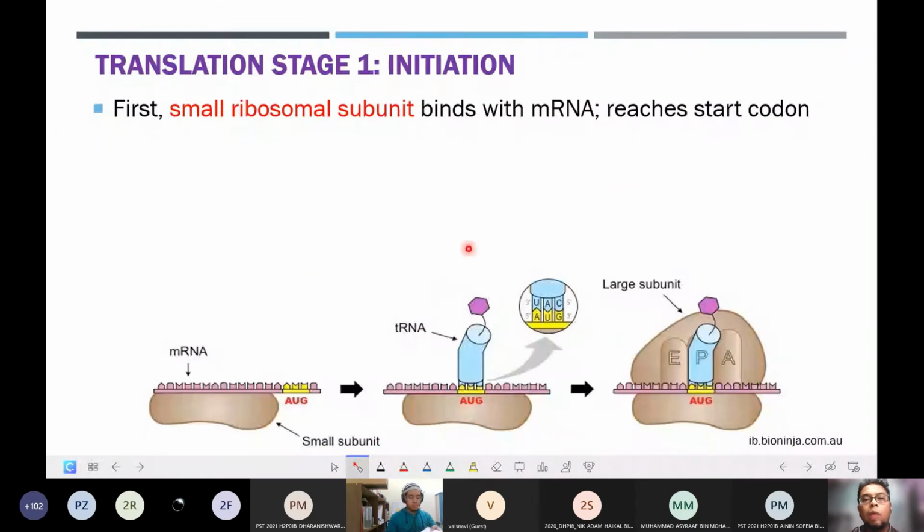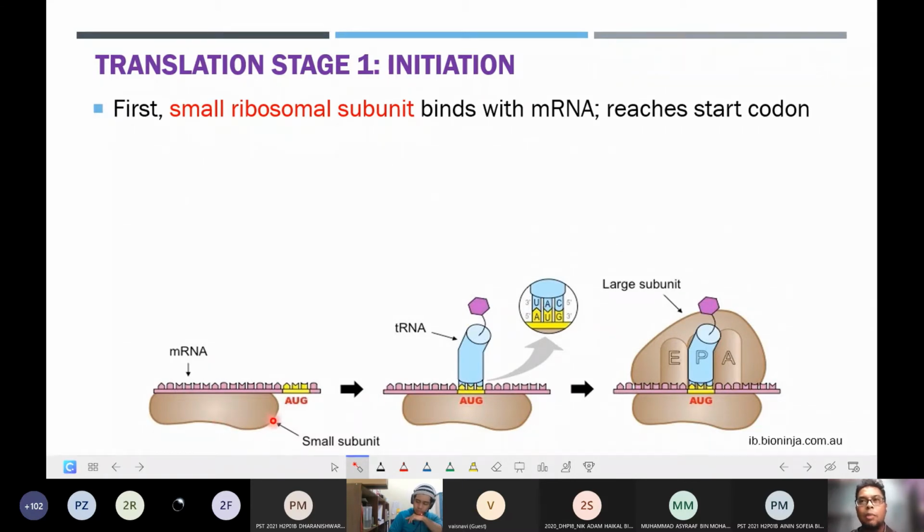Okay, now we will focus on the stage number 1 of translation, which is known as the initiation. Okay, in which there will be this mRNA in the cytoplasm of the cell, and comes along the small ribosomal subunit.